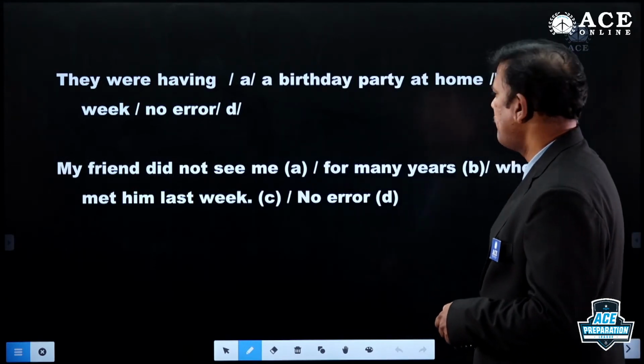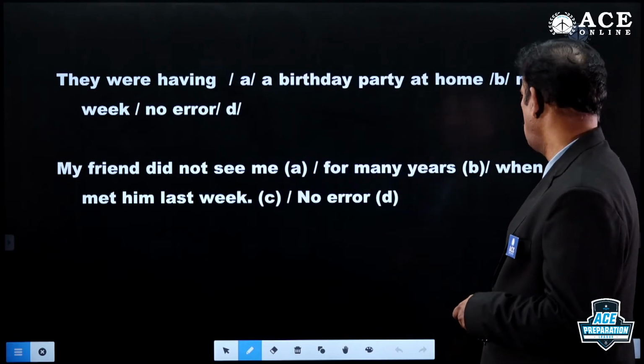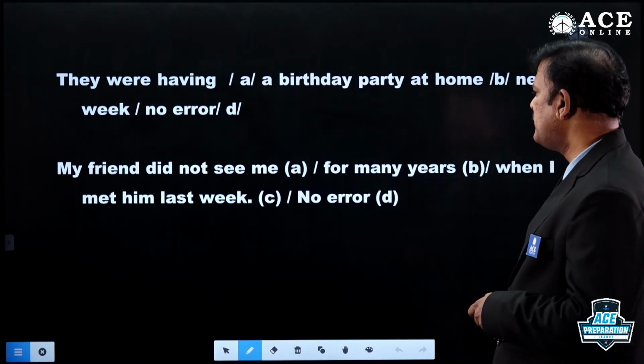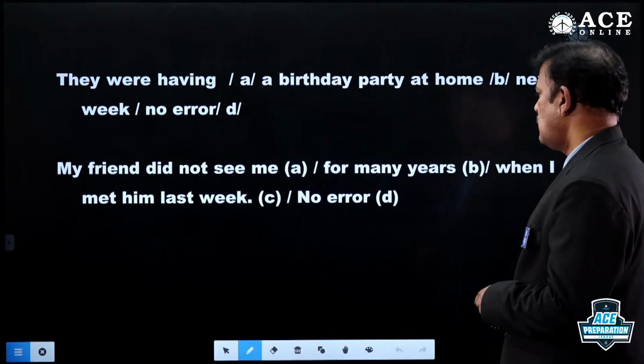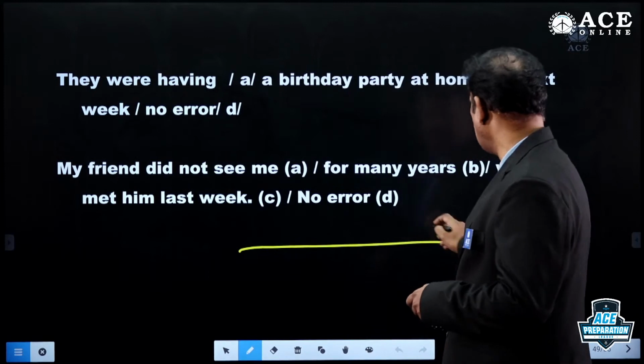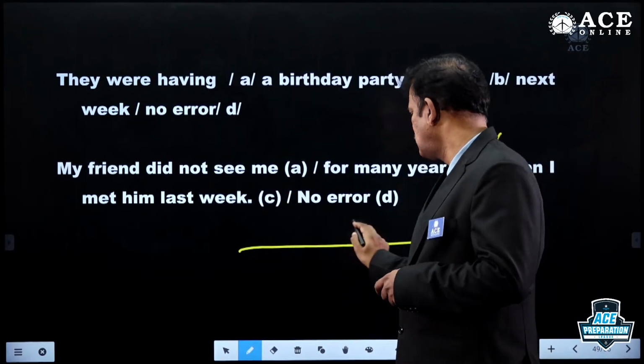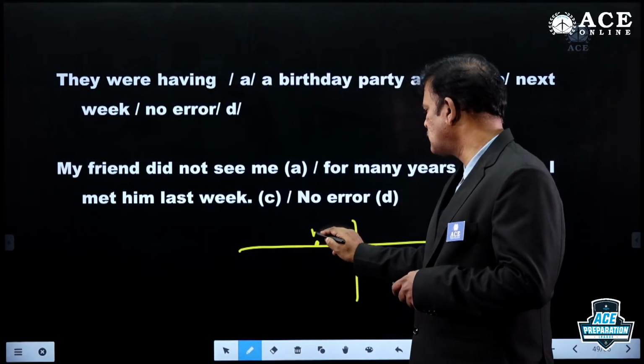You have done this. My friend did not see me for many years when I met him last week. Time indicator is here. When I met him last week. So, met him last week.